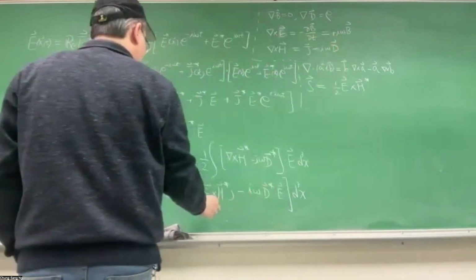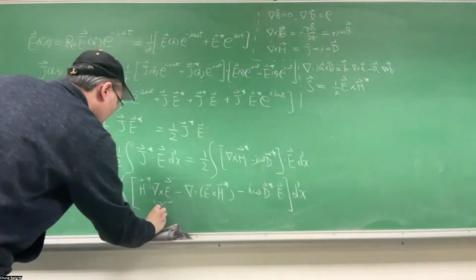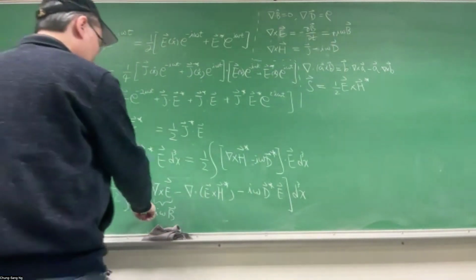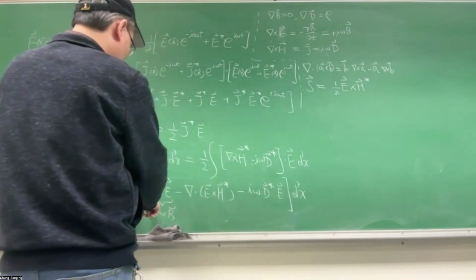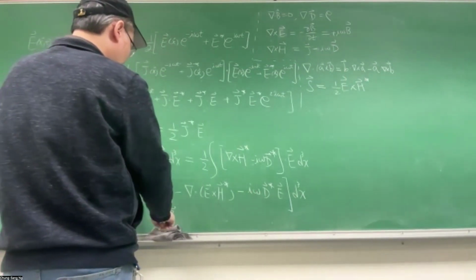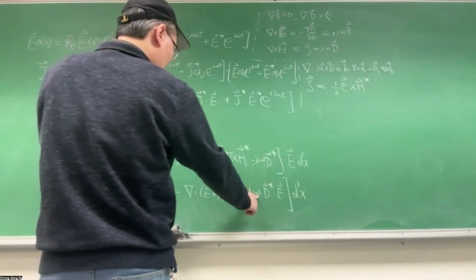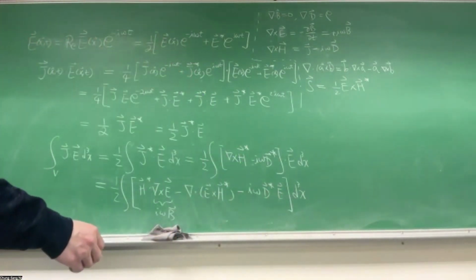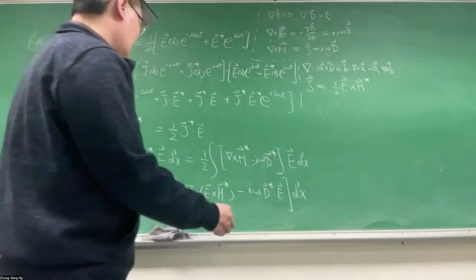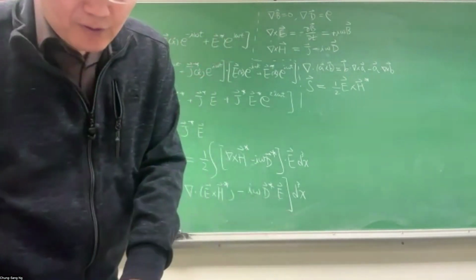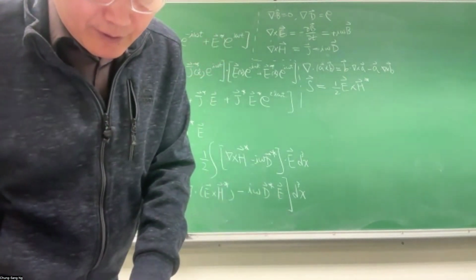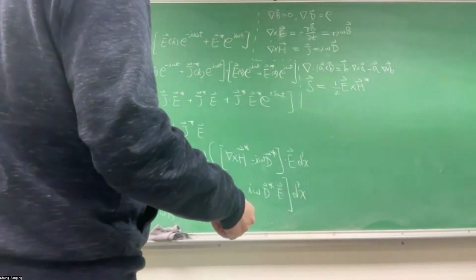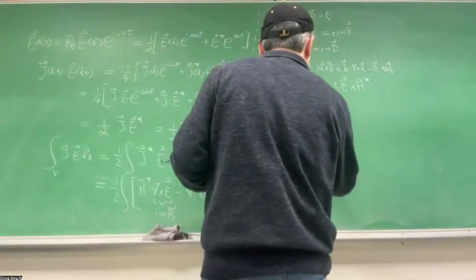This is just I omega B. So these two terms will be similar. One is I omega H complex conjugate dot B. The other is minus I omega B complex conjugate dot E. Right. So now the final form is what Jackson did in 6.134. So this one goes here.